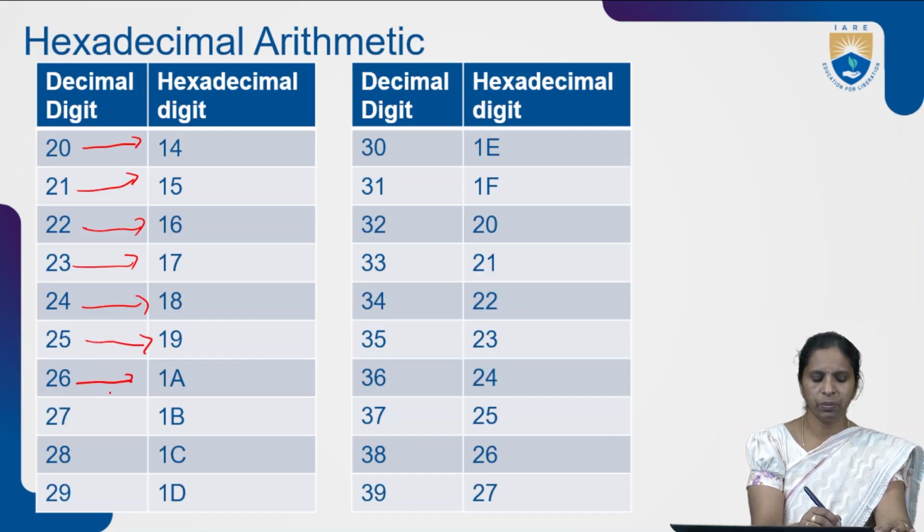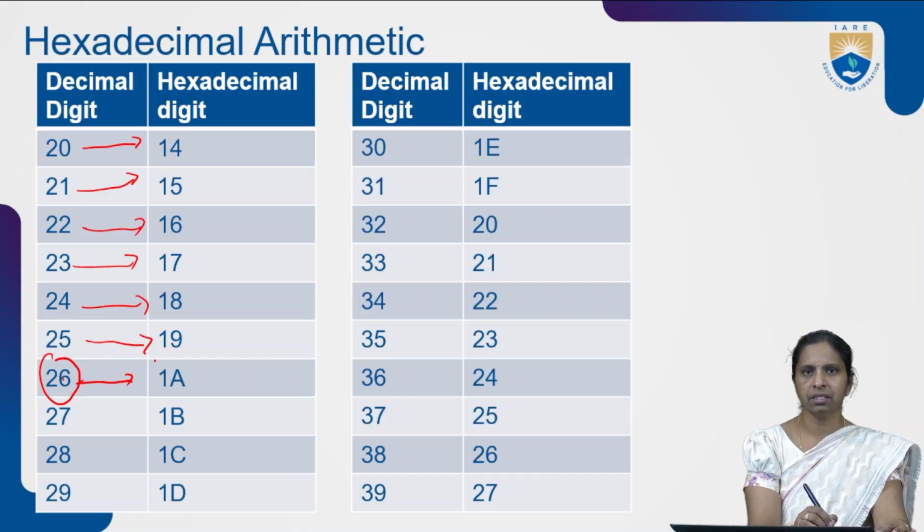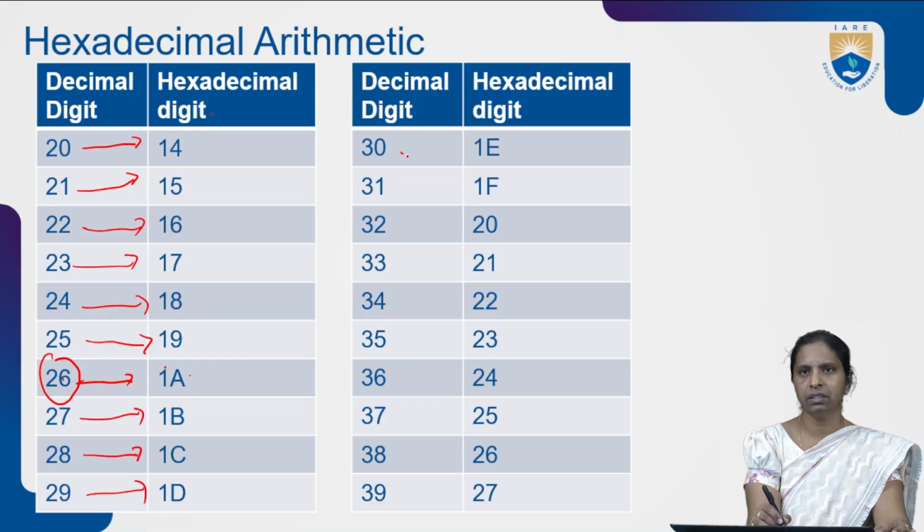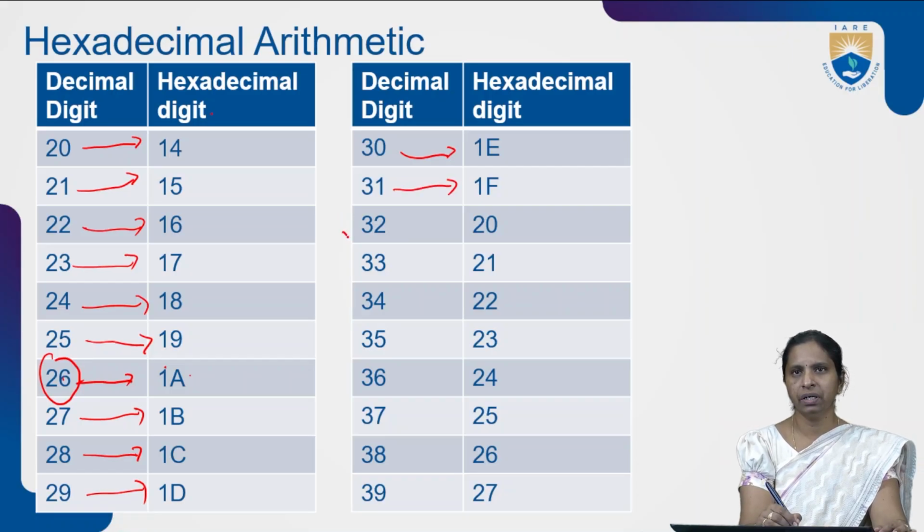And the number 26 in the decimal number system is represented as 1A in the hexadecimal number system. Similarly, 27 as 1B, 28 as 1C, 29 as 1D, 30 as 1E, 31 as 1F, and the number 32 in the decimal number system is represented as 20 in the hexadecimal number system.